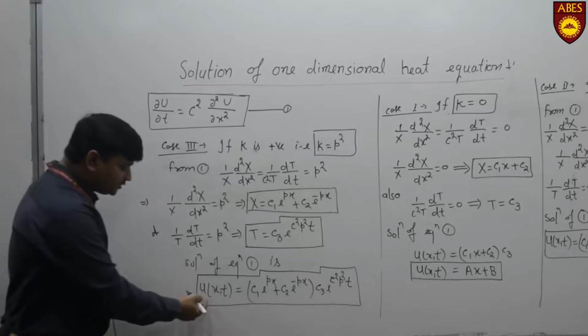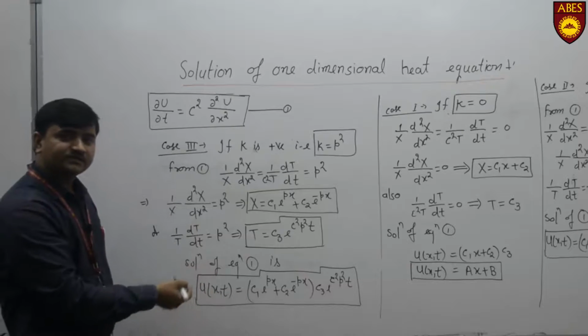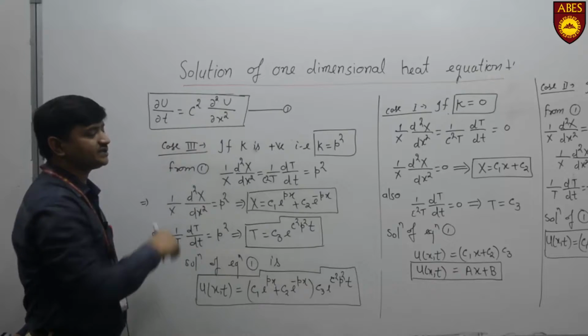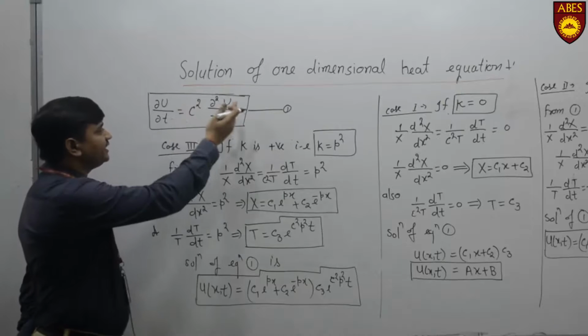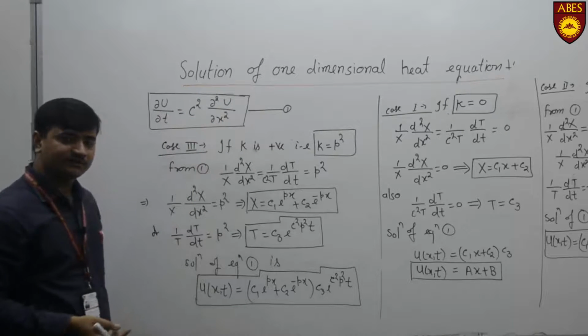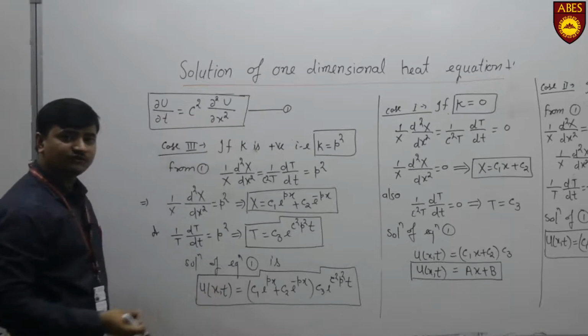Here I am writing u as a function of x and t. It is quite clear from the given differential equation, del u by del t equals c square del 2u by del x2. Here u is the dependent variable and t and x are the independent variables, so obviously u will be a function of x and t.